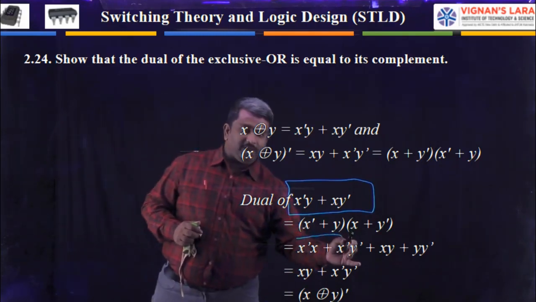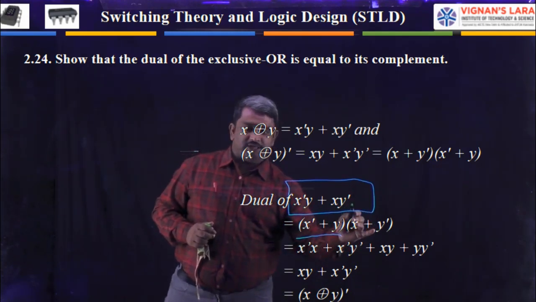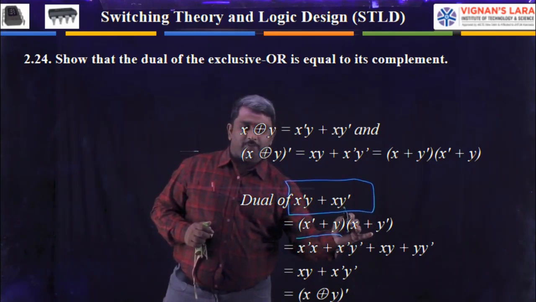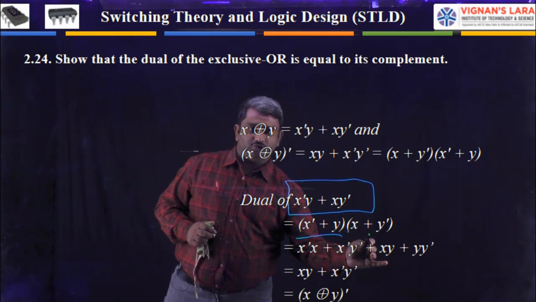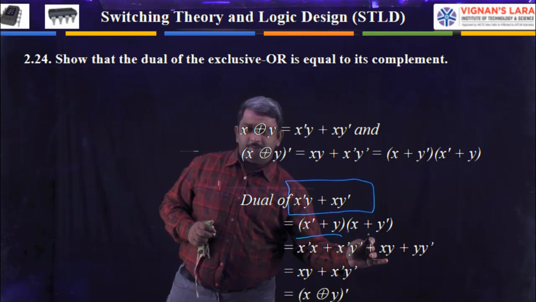Next, the plus operation changes to dot. So in between these two we have the dot operation. Next, XY bar: the dot changes to plus, giving X plus Y bar. So when you apply the duality operation, the dot changes to plus and the plus changes to dot.